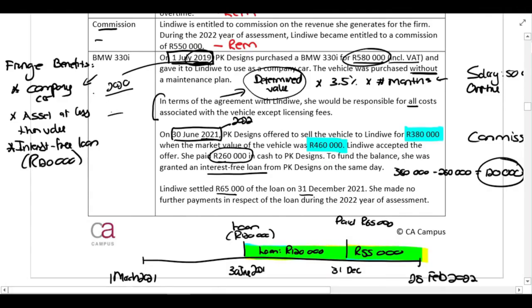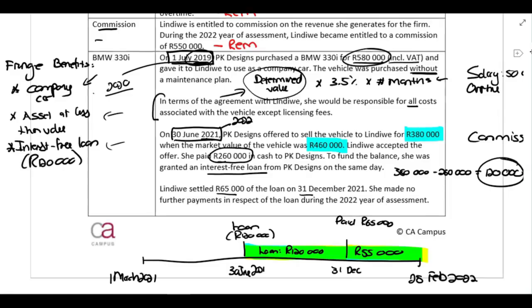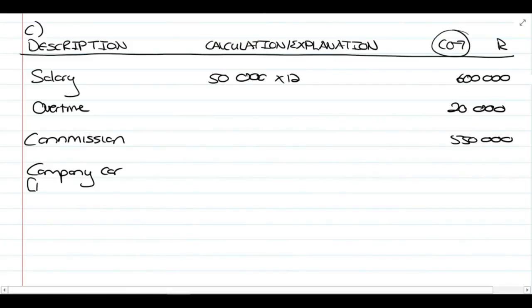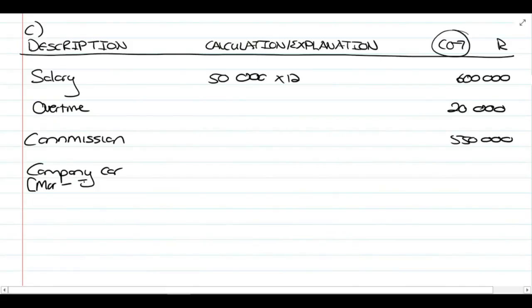So now we're going to look at our company car, our asset at decent value, and the interest-free loan. So let's start with this. Let's start with the company car. Okay, so the company car had a value of 580,000. We had it from March until, when did we buy it? End of June.